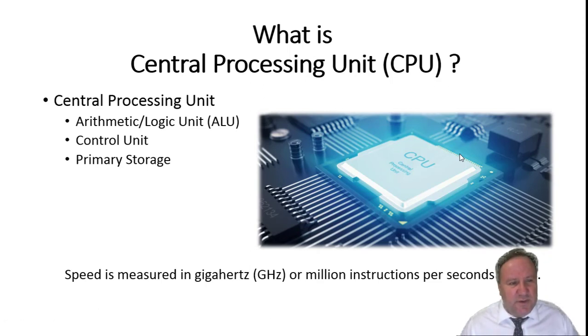And CPU is a device where the information in a computer is processed. It has three different components: arithmetic logic unit, control unit, and primary storage. And the speed of a CPU is measured in gigahertz or million instructions per second.